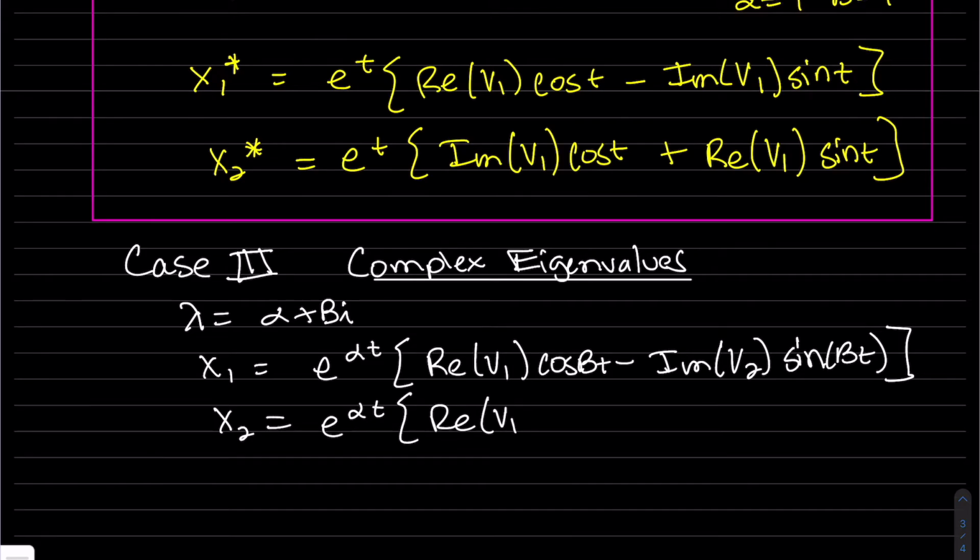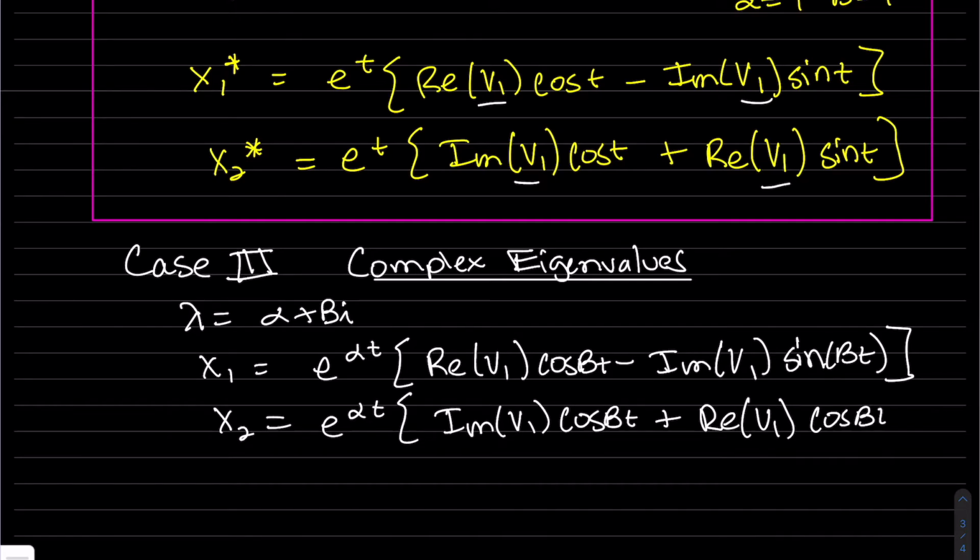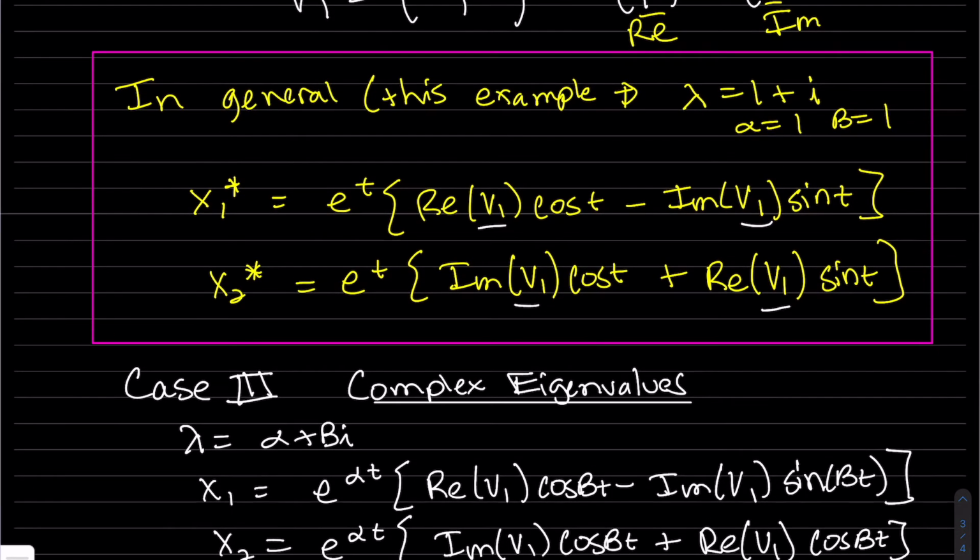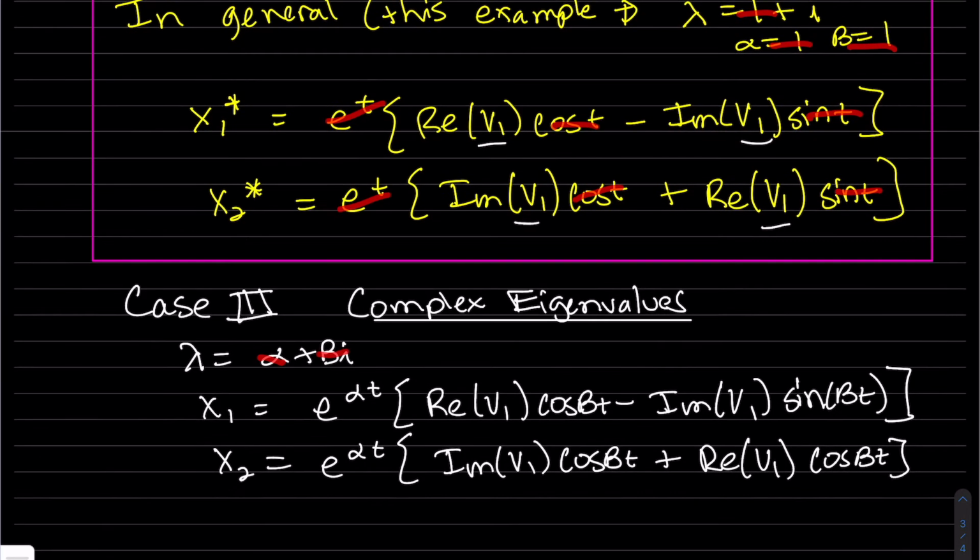No, that's imaginary, sorry. Just look up here. They're all v1, just like here. So in our last example, my alpha was 1, my beta was 1. So sine and cosine of a single angle, and it was 1t up here. So that's how that would change.